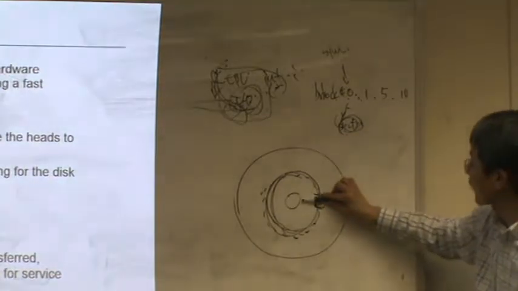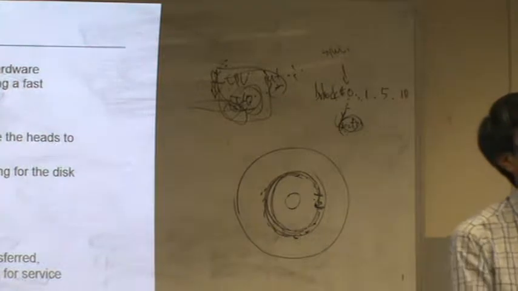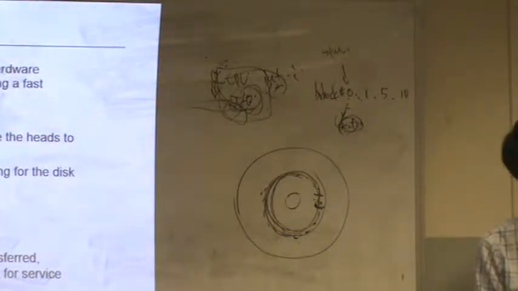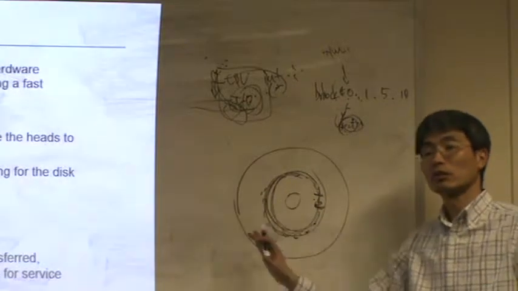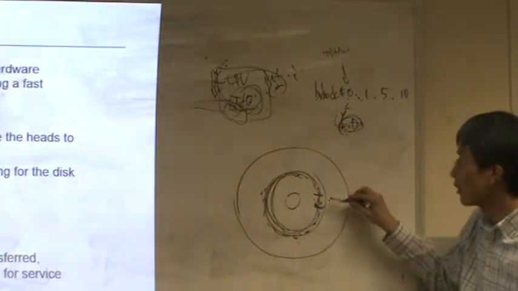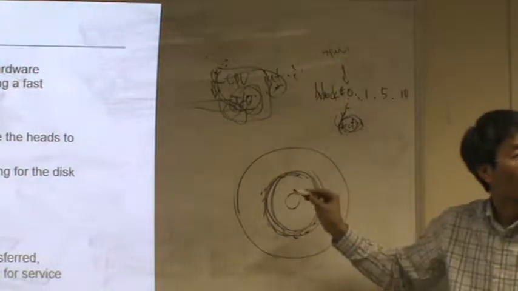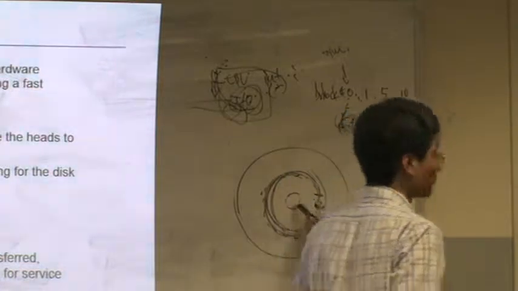The disk head is moving forward and backward, and the disk is rotating. So there are two things you need to consider when you access the data: how long it takes to rotate the disk, and how long it takes to find the track number, right? At that time, which one will be faster?